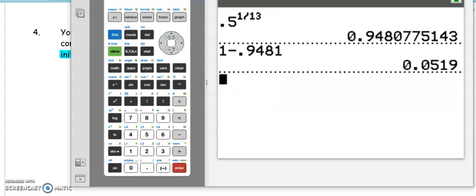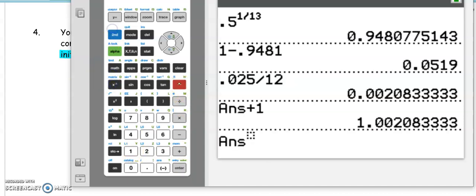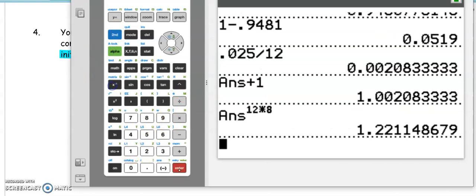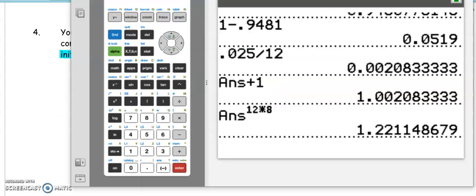So let's start. From the inside on out, I have 0.025 divided by 12. I'm going to add 1 to it, and then raise that to the 12 times 8 power. This is the number that is highlighted in yellow here. I need to take 30,528 and divide that by it.